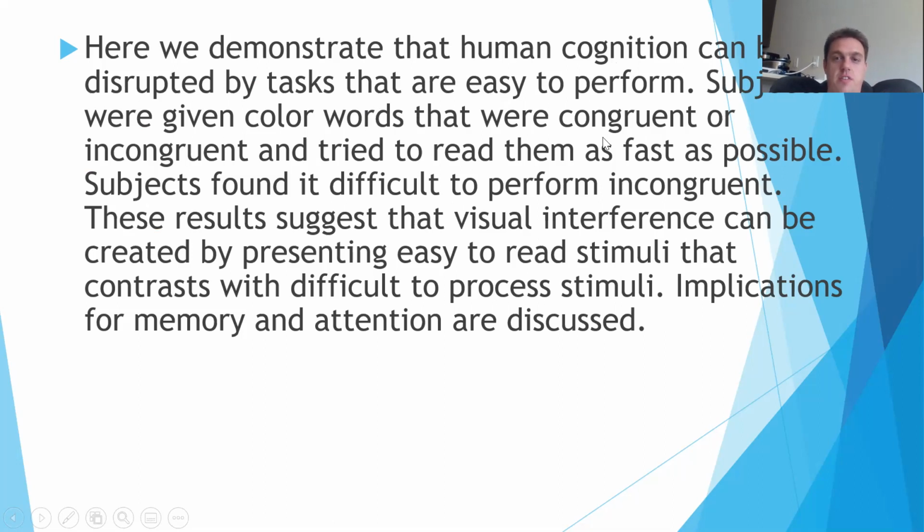Subjects were given color words that were congruent or incongruent and tried to read them as fast as possible. Well, again, try to take the perspective of an outsider here. What does it mean by given color words? Is the font colored? Is the word a color? What does congruent or incongruent mean?